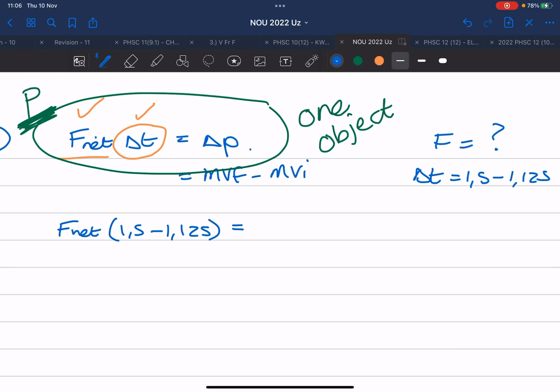So remember they will work with your mistake. From one question to the next, they work with your error. The mass is 891.54. And the final velocity was -5 and the initial velocity is 10.